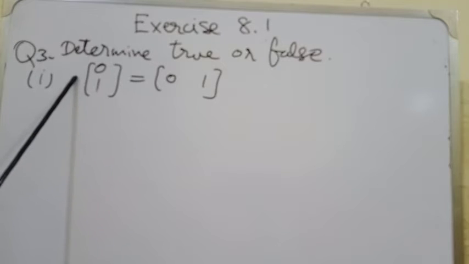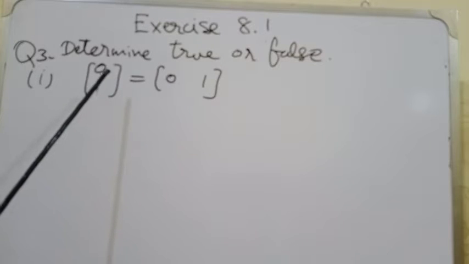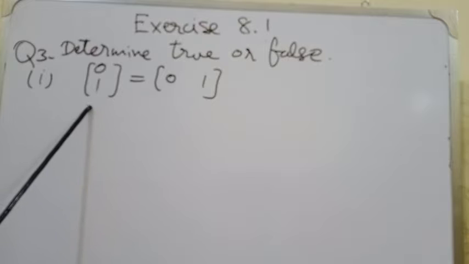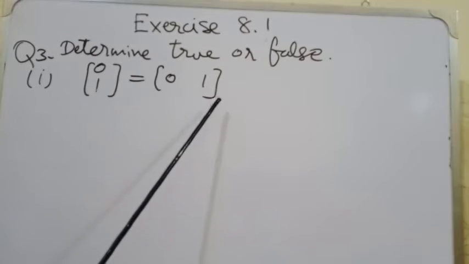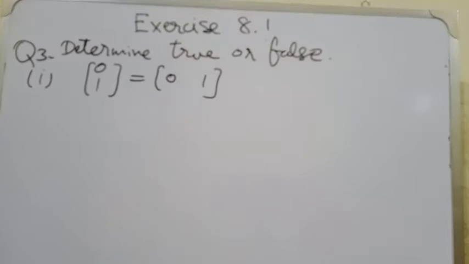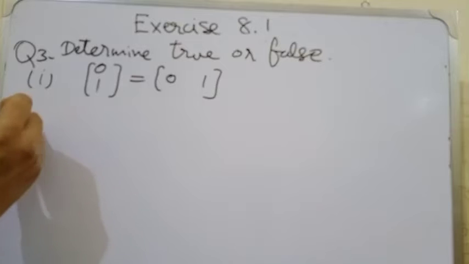We have 2 rows and 1 column, so the order of this is 2 cross 1 and the order of this matrix is 1 cross 2. So we write here the reason why it is false.